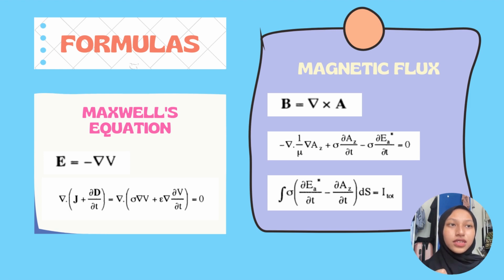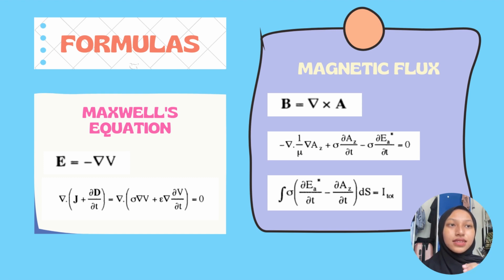Okay, for the equations, the first equation for the eddy current part of the solution can be written in terms of the vector potential A, which is defined by the magnetic flux density formula, which is B in this slide, where the AZ in the equation is the Z component of the vector potential.